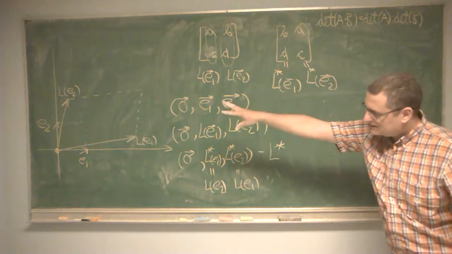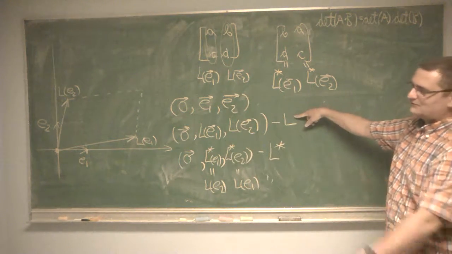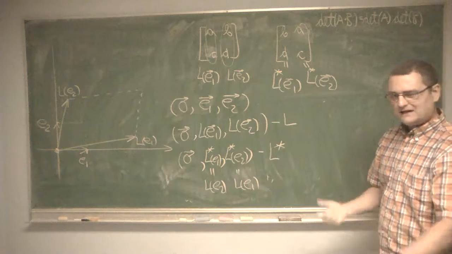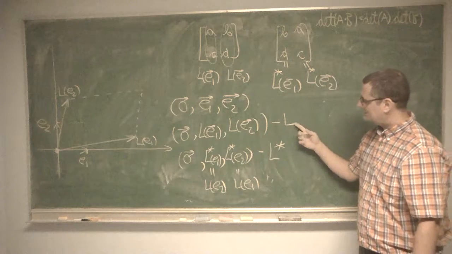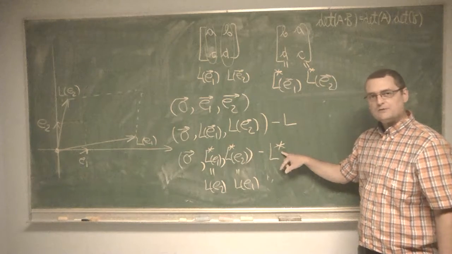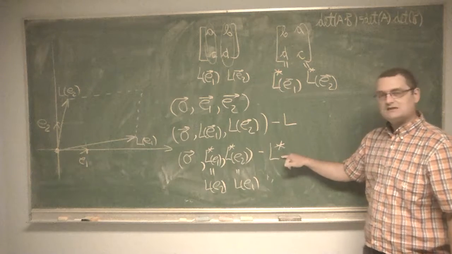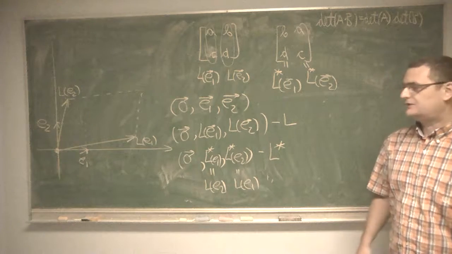In this particular example, as I said, L is of positive orientation, but it can also very well be of negative orientation. The point is that L star will be of opposite orientation than L. If L was negative orientation, L star would have been positive orientation.